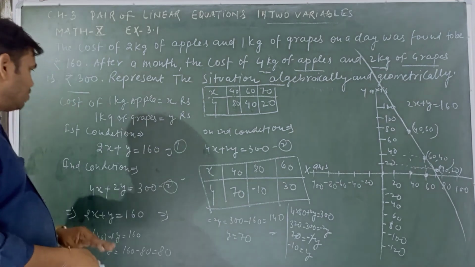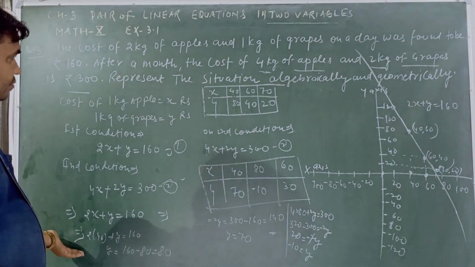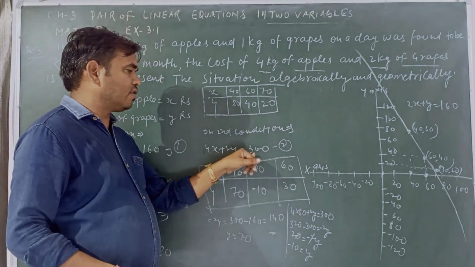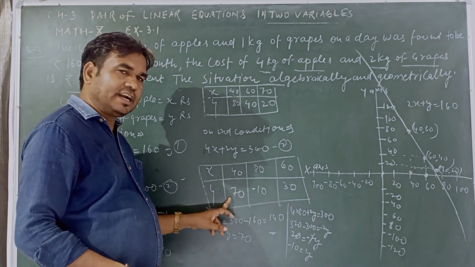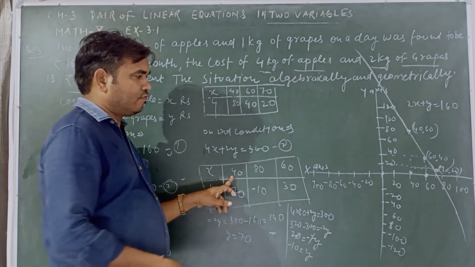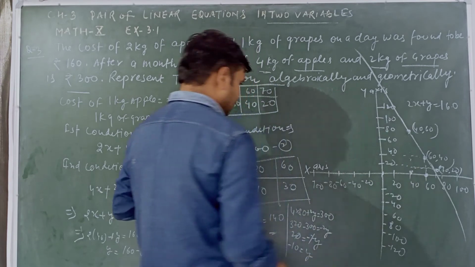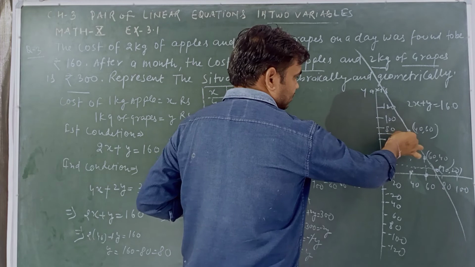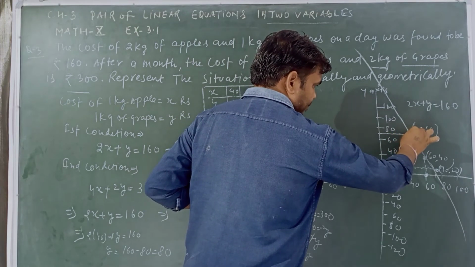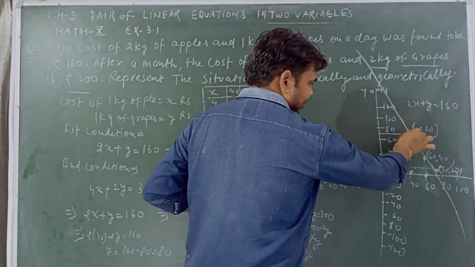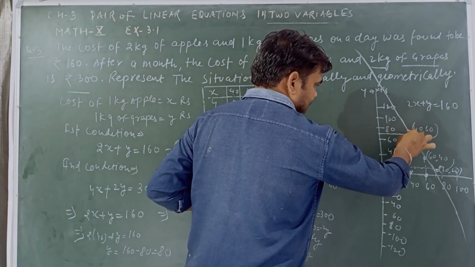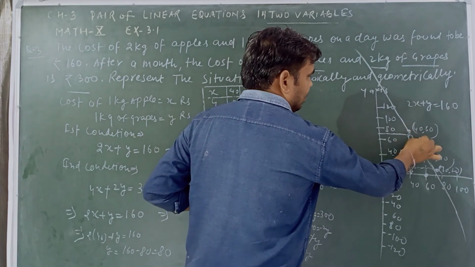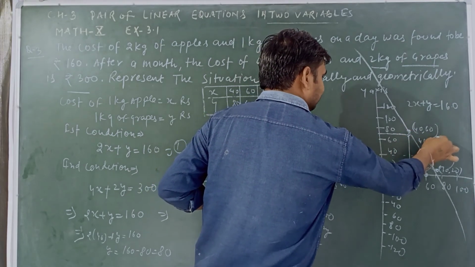And now we talk about the second situation. The second situation is 4x plus 2y equal to 300. So here x equal to 40 and y equal to 70, so we can take the point 40 and 70.